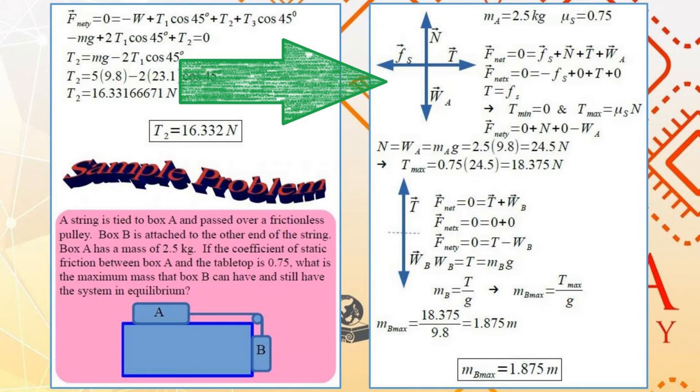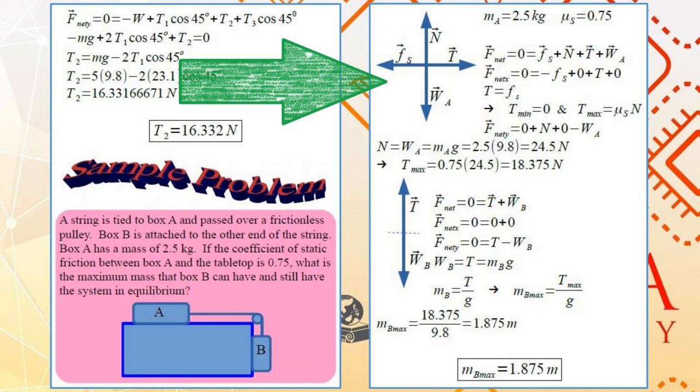Going now to the y component, F net y is equal to 0 because y component of 0 is still 0. And then summation of all the forces, y component, F net y is equal to 0 plus N plus 0 minus WA. This time, static friction and tension have 0 components because they are horizontal.